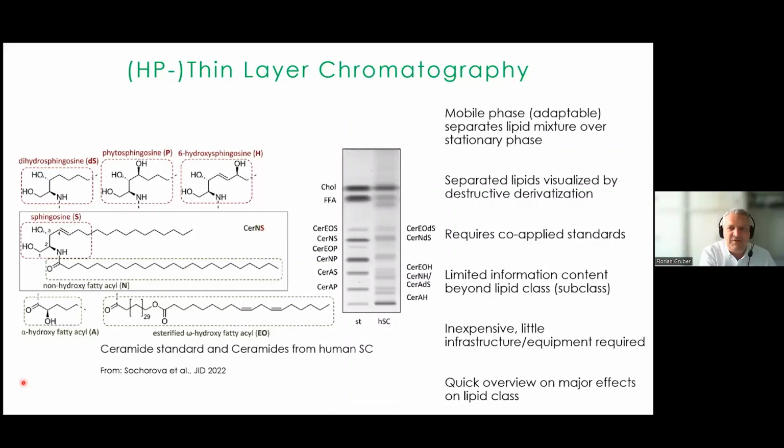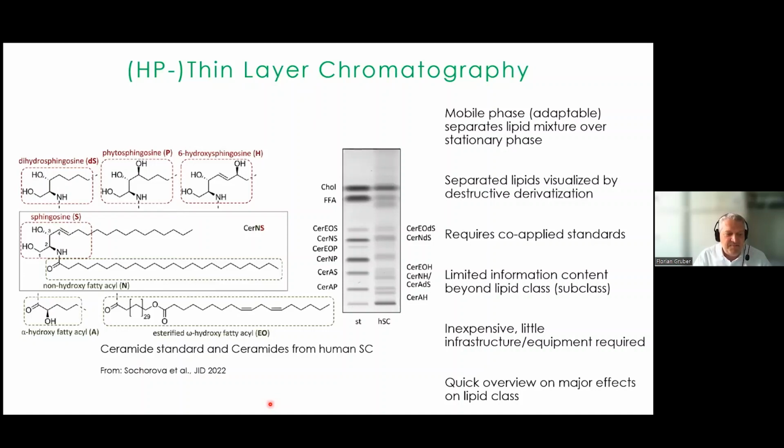If we come to the detection methods, of course, the most basic and inexpensive one is thin layer chromatography. It is good for fast profiling of lipids in a sample. For example, here you see a ceramide experiment. This technique also pioneered the research on skin barrier lipids, on metabolism and on pathological changes to the epidermis.